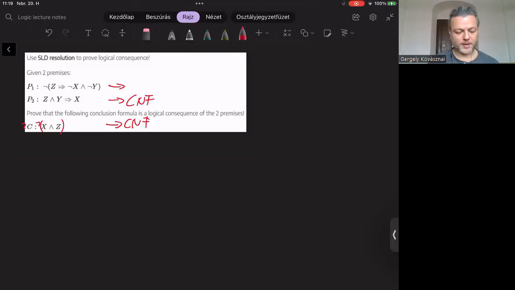For the first premise, we can see that the formula is a negated implication. Therefore, the law of contraposition can be applied.